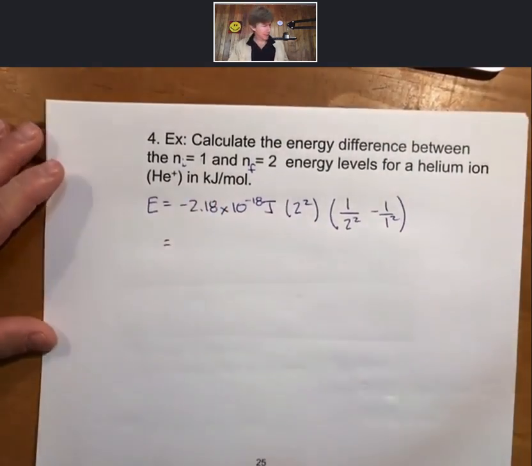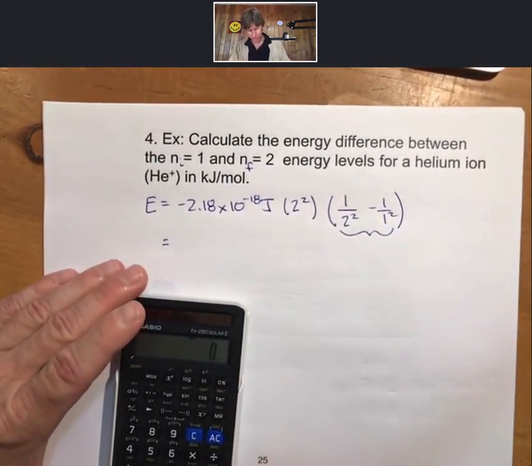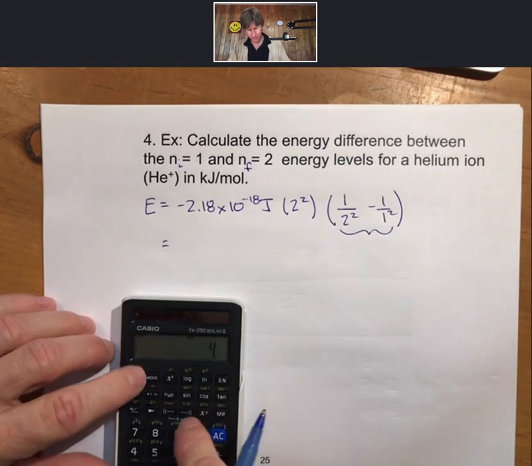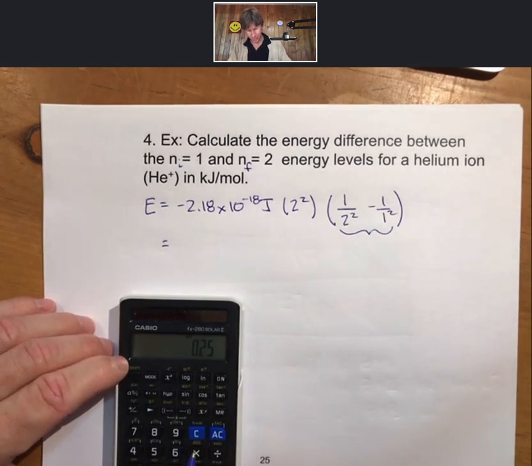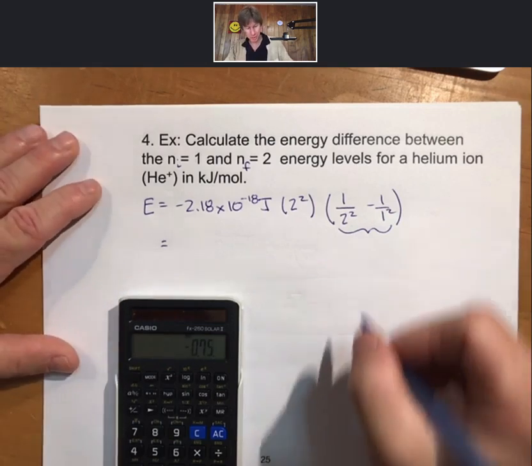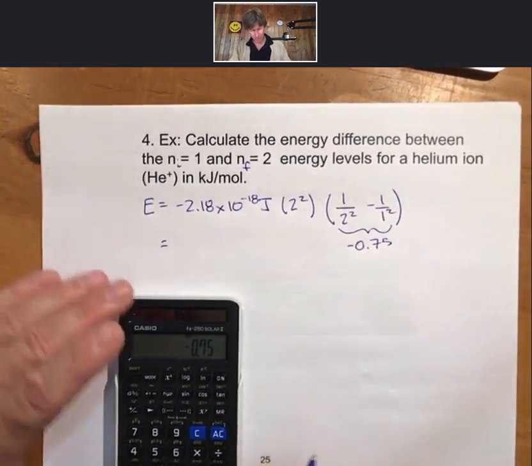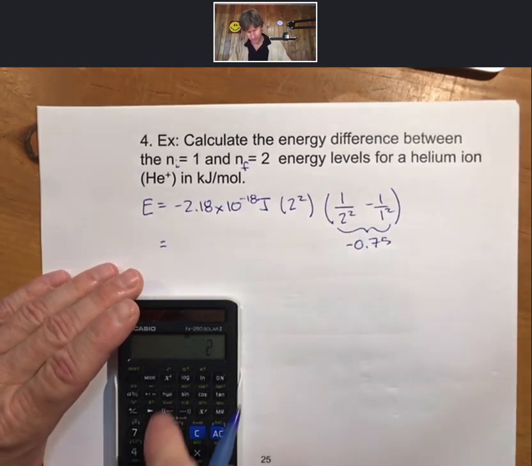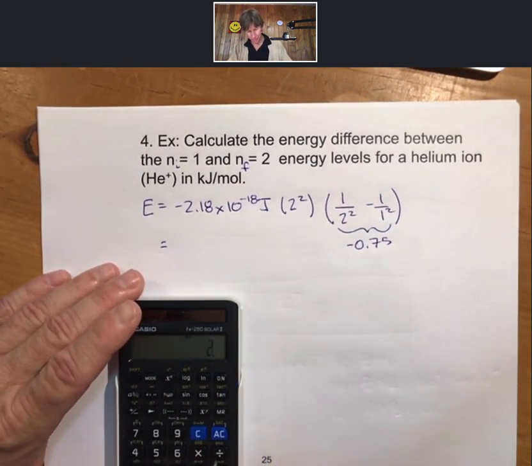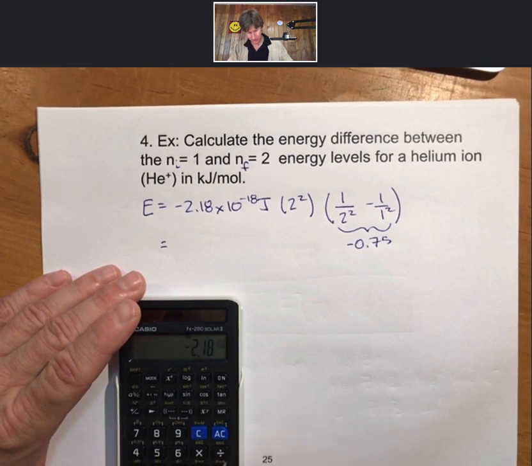Plugging this in, let's start with this portion over here first. So 2 squared inverse minus 1 squared inverse. I get minus 0.75 times 2 squared times negative 2.18 times 10 to the minus 18.